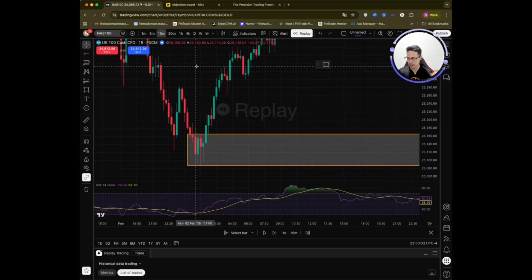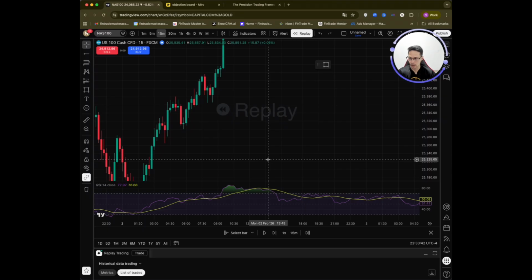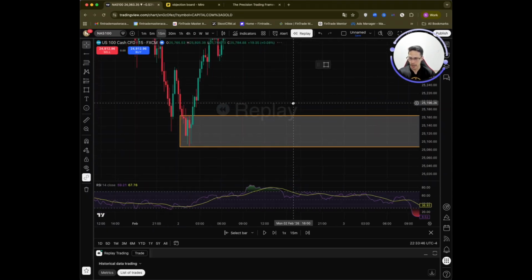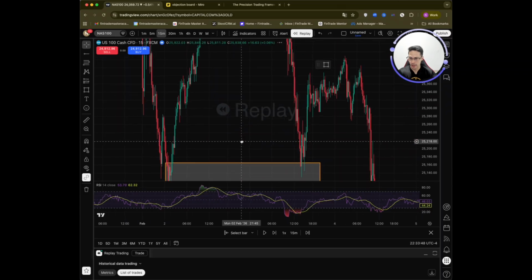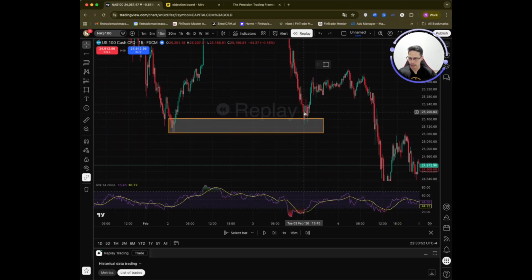3 is like top tier, A plus. This thing's gonna come back, tap this, and then just sky to the moon, right? 2, yeah, pretty good. 1, very low probability, right? So that's why the other one I said is not that great of a good demand. So this one is very prime and very good. And if you notice, it's a magnet. It just came straight down, and it was a magnet, just basically absorbed price back into this area to collect orders.